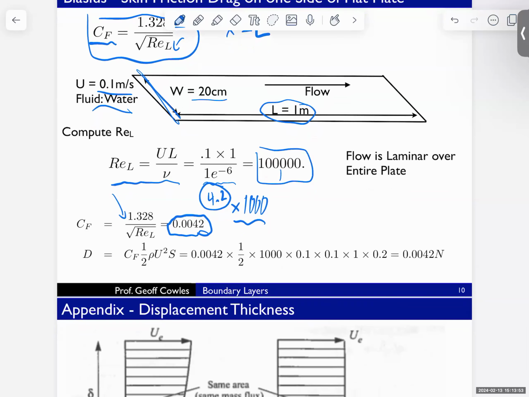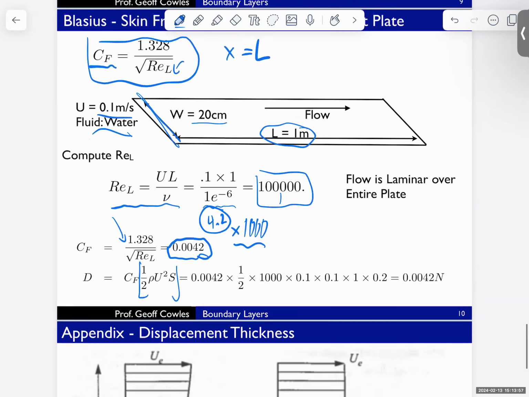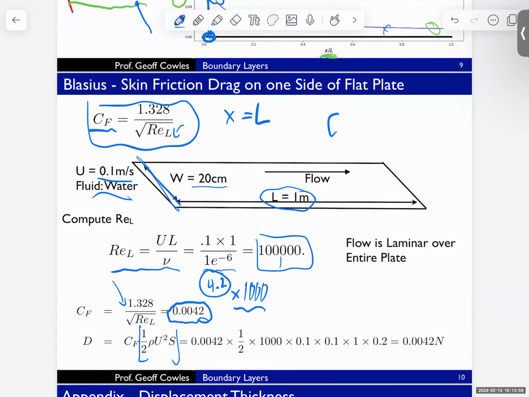Then we dimensionalize it by multiplying by this number here. And I'll just write the CF here is equal to the friction drag on the plate divided by 1/2 rho U infinity squared, the dynamic pressure, times the plate area, S, where S is equal to length times width here.